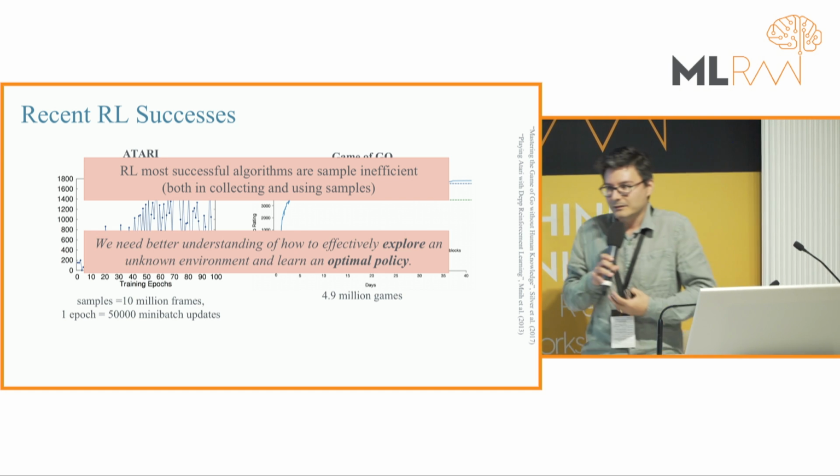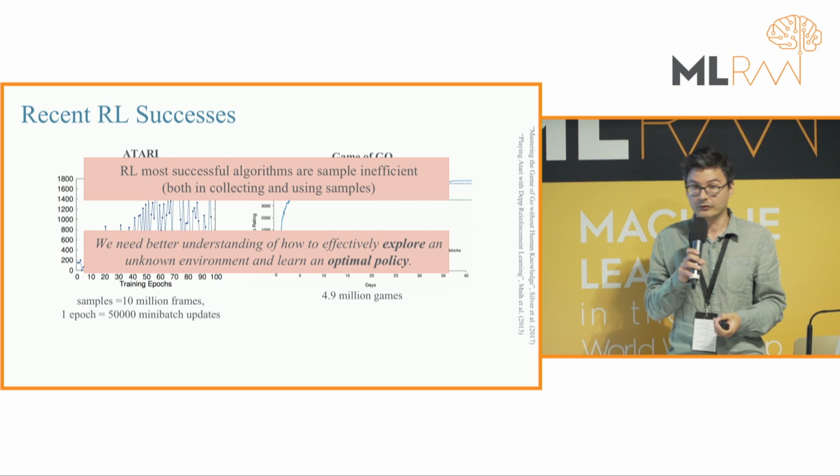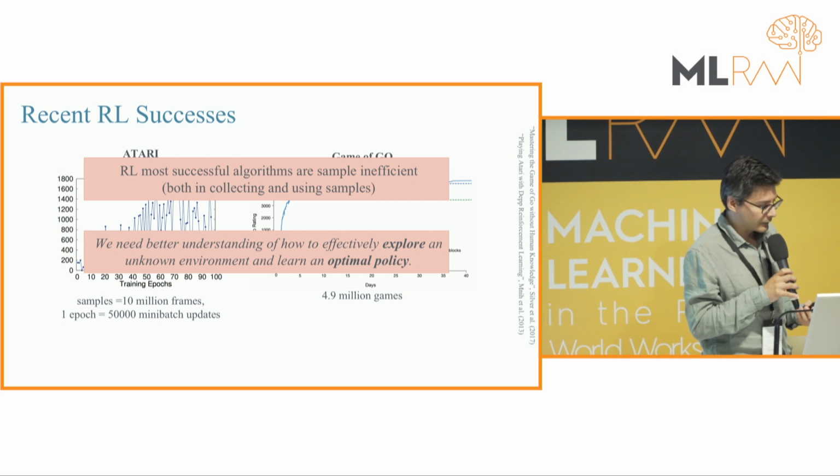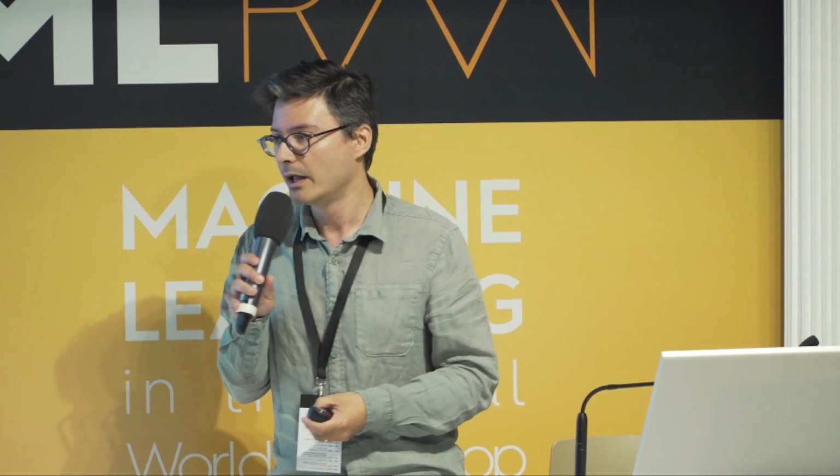One reason is that we do not explore the environment efficiently. This means that in order to make these algorithms better, we need to understand how to effectively explore an unknown environment and learn an approximately optimal policy.